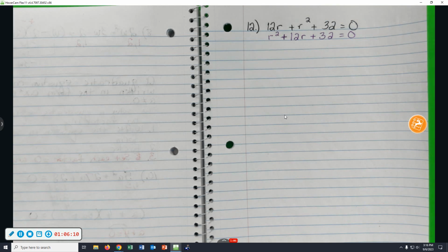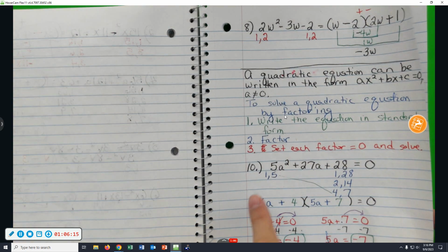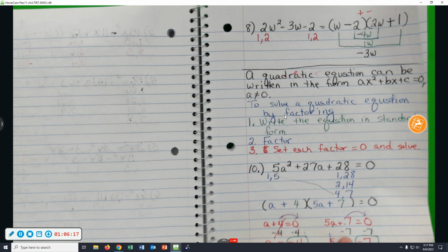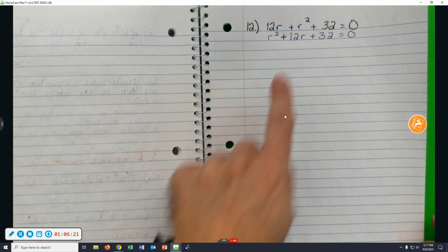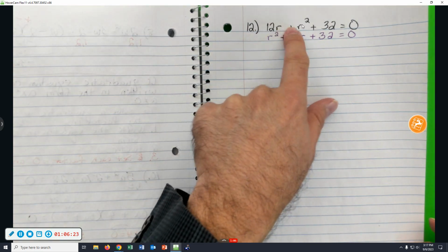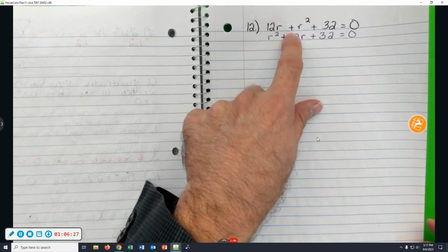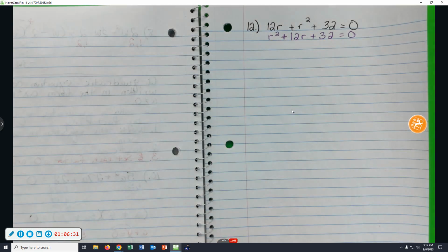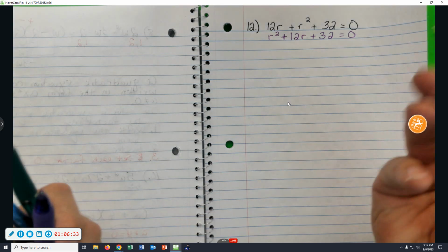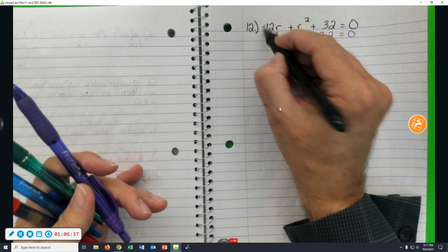Since we mentioned transposing, moving it and changing the sign, that's if you're moving it across the equal sign. The R squared and the 12R, we didn't move across the equal sign. That's why it didn't become a negative 12. They're both on the left side, so we're just keeping the sign that's with them. The R squared is positive, the 12 is positive.